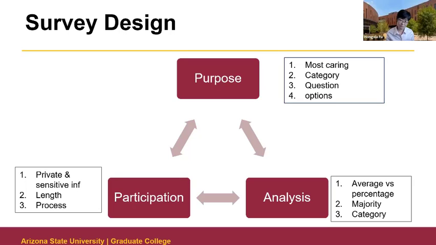That's the participation side. When a question has so many options, it will affect participants' participation, and it also creates extra work for analysis. When you do analysis for presentation, do you really need to show 18 options together?